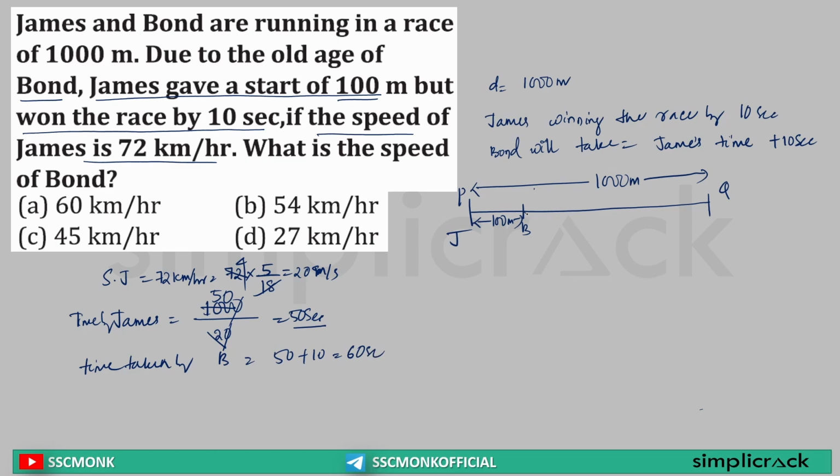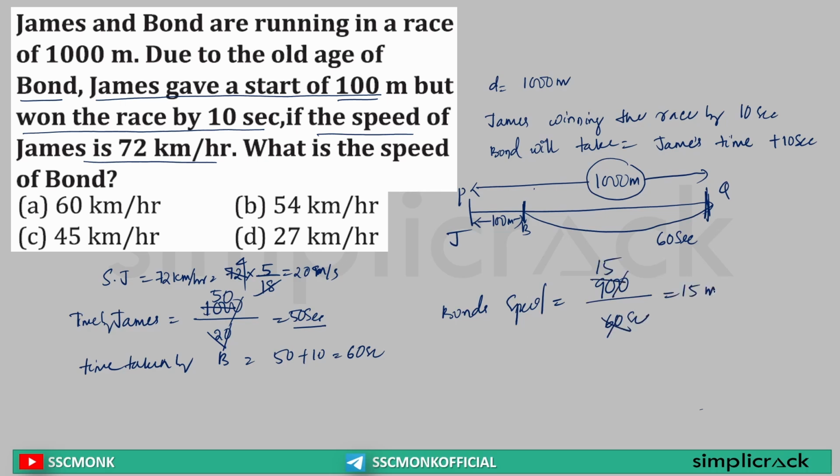Now Bond will take 60 seconds to reach Q. So what is the distance Bond is covering? He is already 100 meters ahead. So the distance he is covering is 1000 meters minus 100, that is 900 meters. So Bond's speed is equal to the distance covered, 900 meters, divided by 60 seconds. 6 15s are 90.